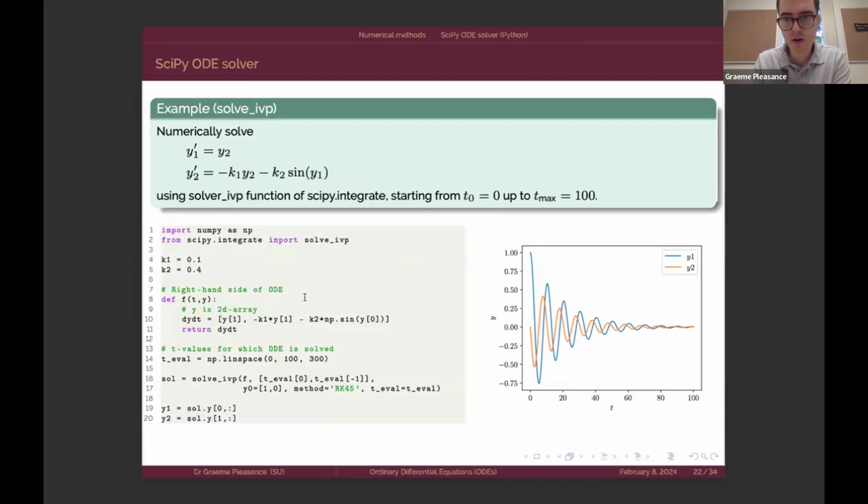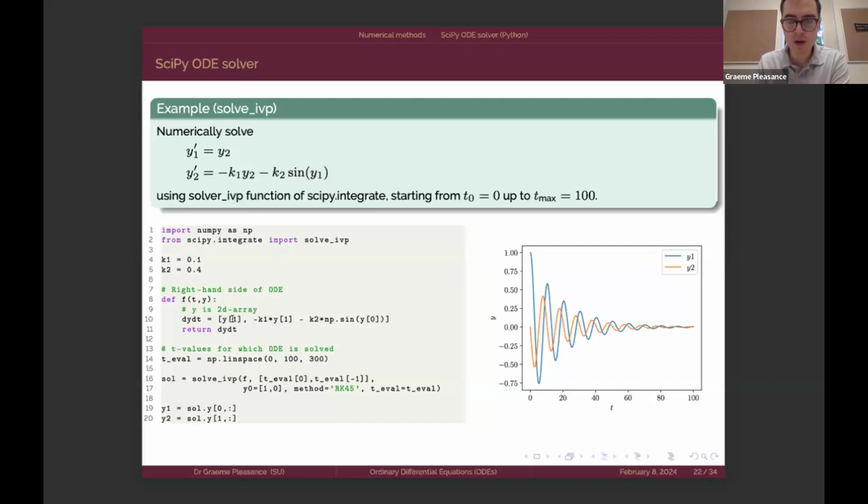Now to solve this, we start by defining a function that expresses what's on the right hand side of our ODE. In this case, the information is contained on this side of the system of equations.